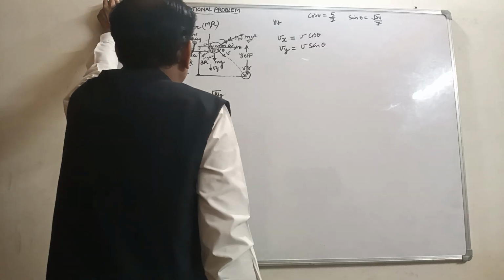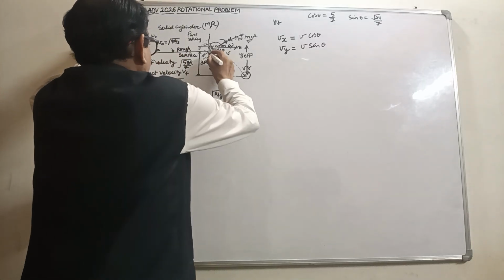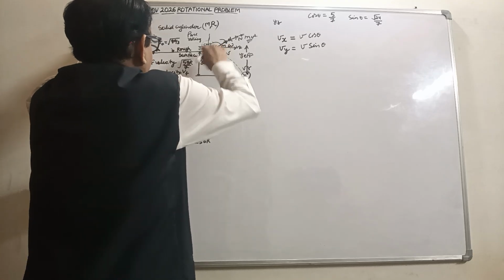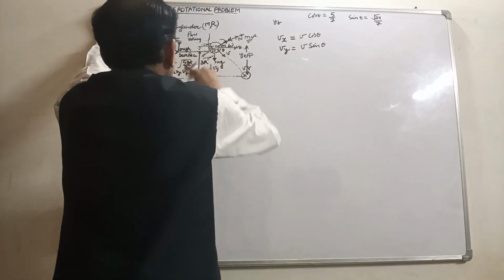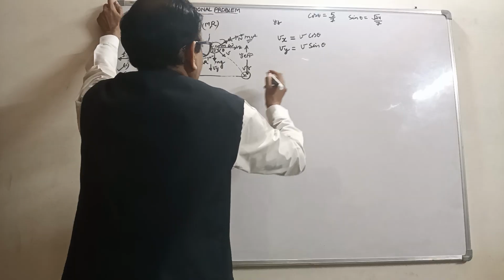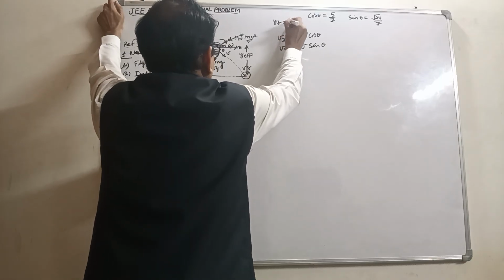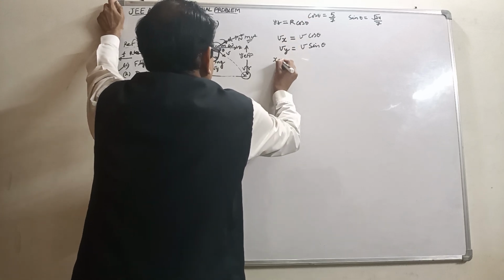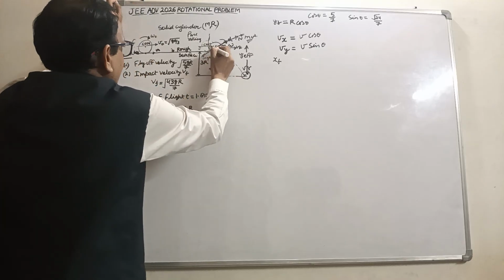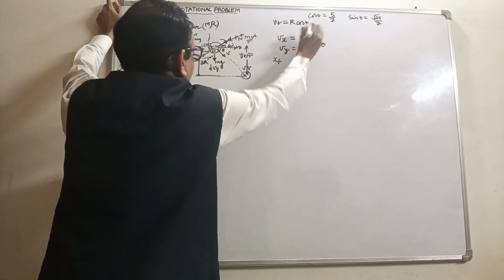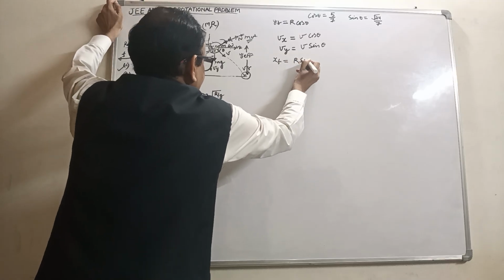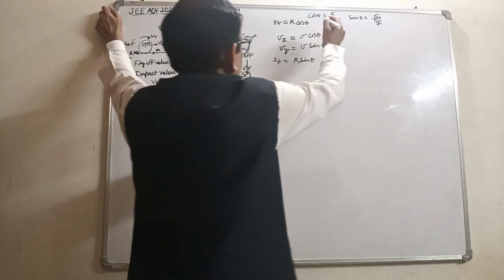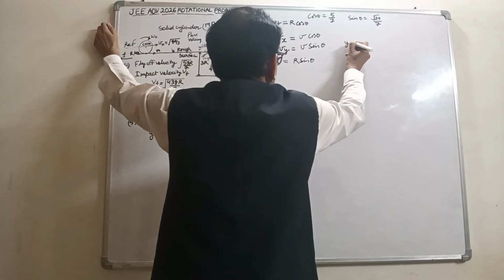This vertical length would be r cos theta, and the horizontal length would be xf. Suppose this is xf, this is yf, r cos theta, and xf would be r sin theta. So we have to find yf.